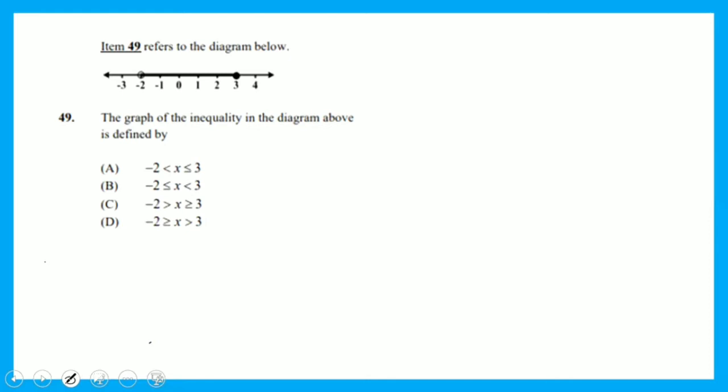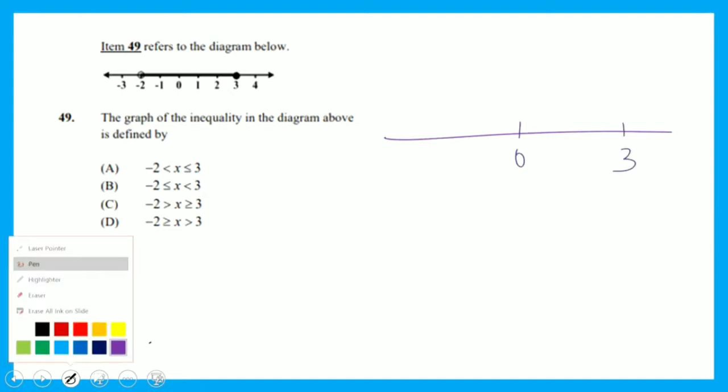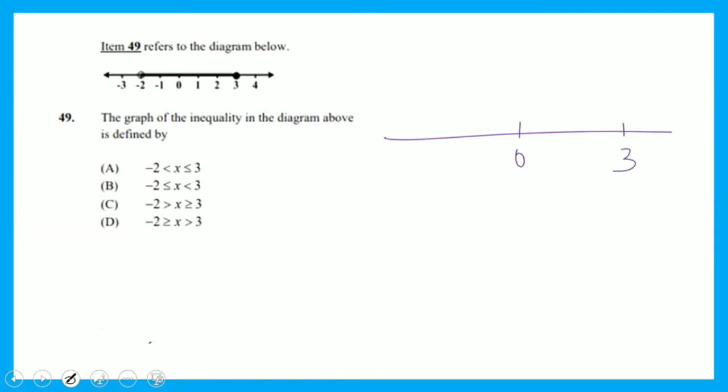So when you want to represent a particular range or inequality on a number line, let's say we have our 0 here, we have the number 3. If I want to mark off values that are less than 3, I mark that spot 3 with a circle, and I go left to show that I'm indicating values less than 3.